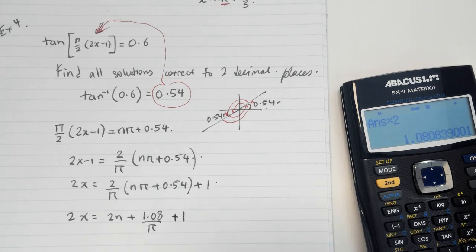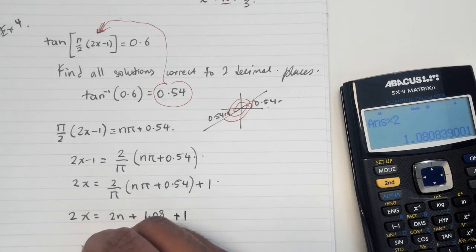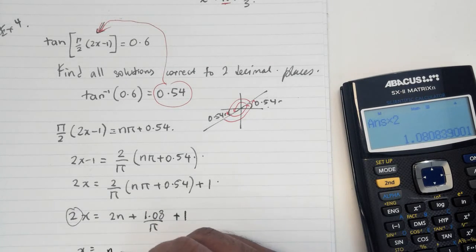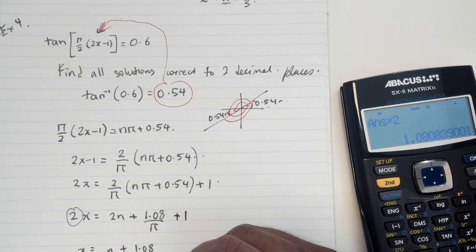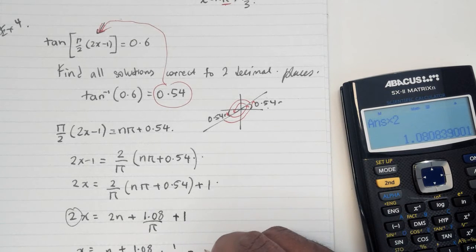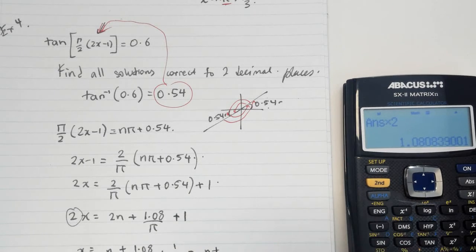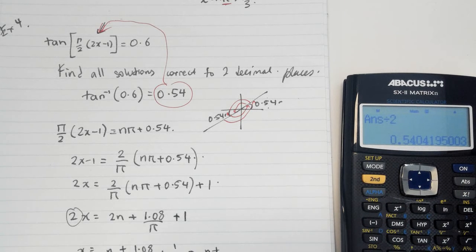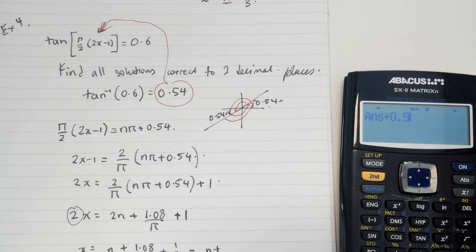And then now we divide everything by 2. That's n plus half.